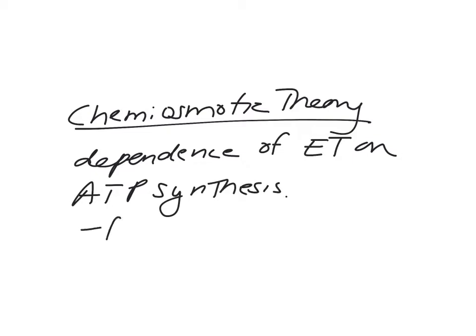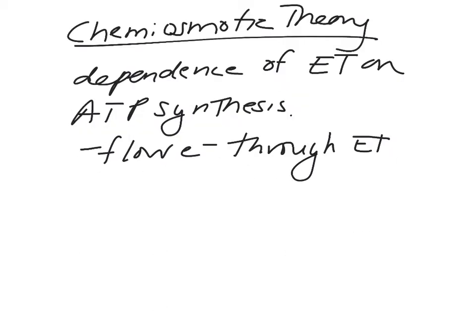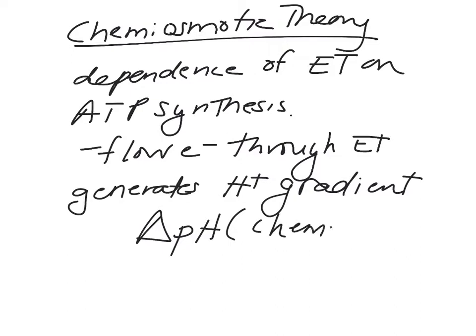Right, so the flow of electrons through electron transport is going to generate a proton gradient, which is both a chemical gradient when we look at the change in pH and an electrical gradient when you look at the change in charge.